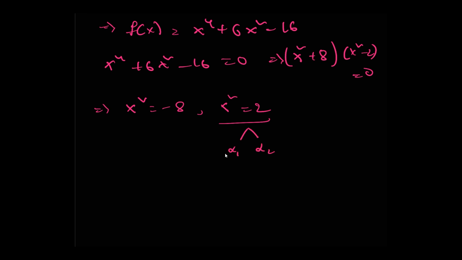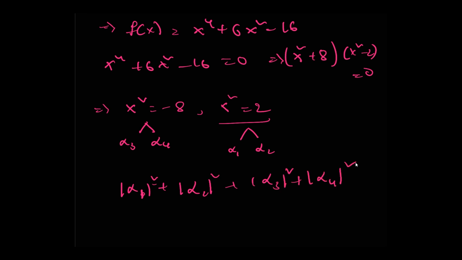Alpha 1, alpha 2 will be from here. Alpha 3 and alpha 4 will be from here. They asked mod alpha 1 whole square plus mod alpha 2 whole square plus mod alpha 3 whole square plus mod alpha 4 whole square. That means 2 plus 2 plus 8 plus 8. That equals 20.